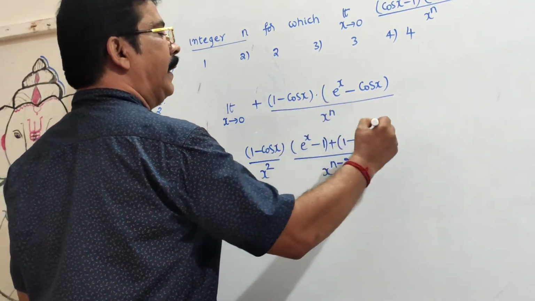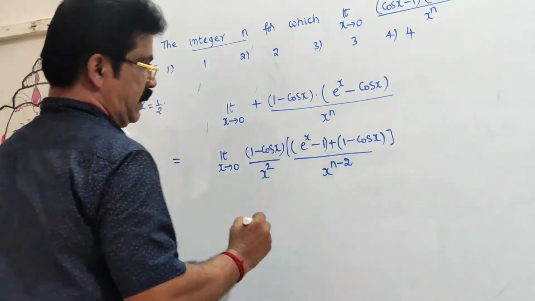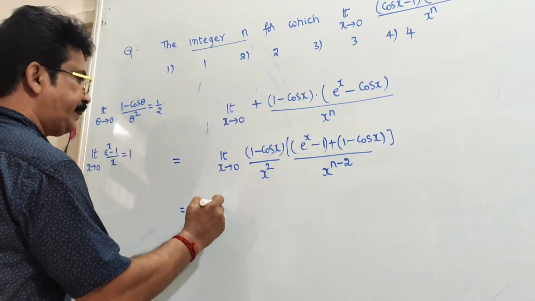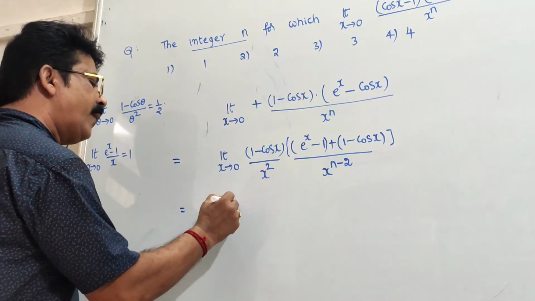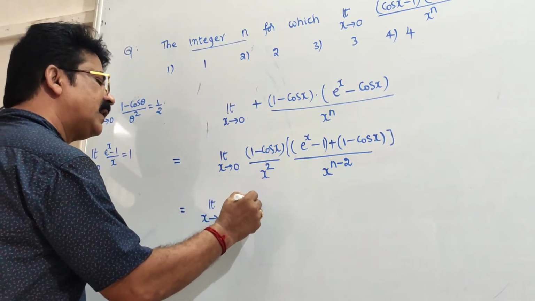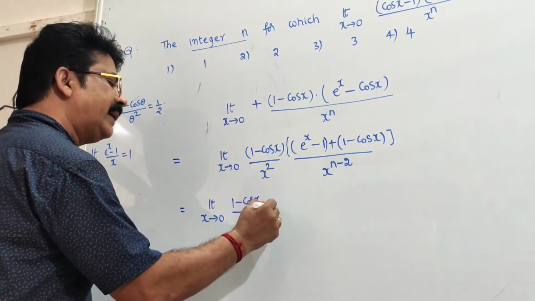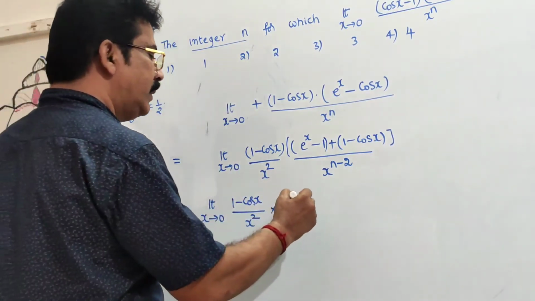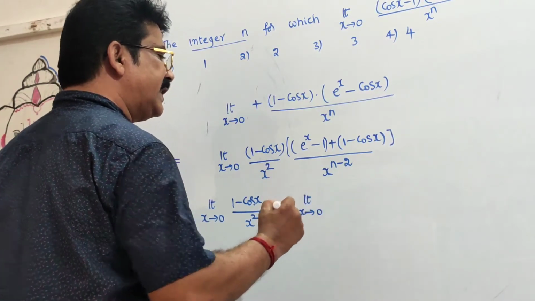Okay, like that. So that equals limit x tends to 0, (1 minus cos x) divided by x square, into limit x tends to 0.